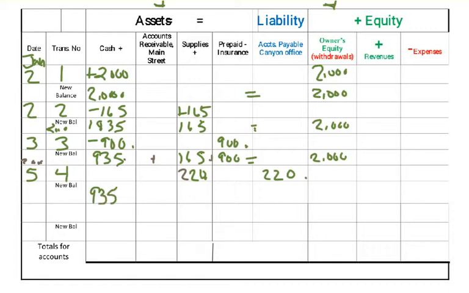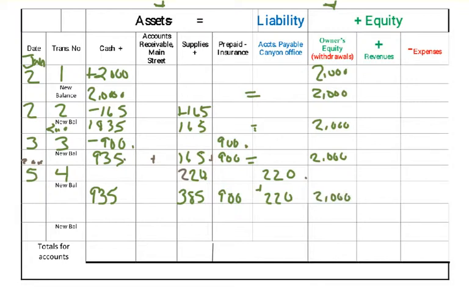He has $935 in cash. Now you look at this and you go, okay, sir, you now have $385 in supplies. You still own $900 worth of insurance. Now we have $220 that we owe to Canyon Office Supply, and we still have $2,000 in equity that we haven't touched.